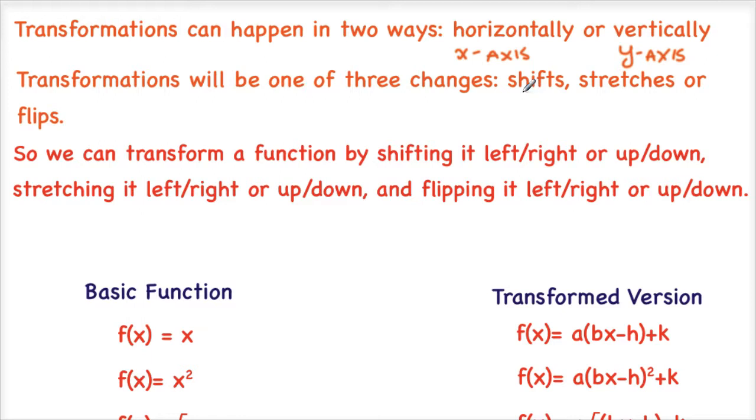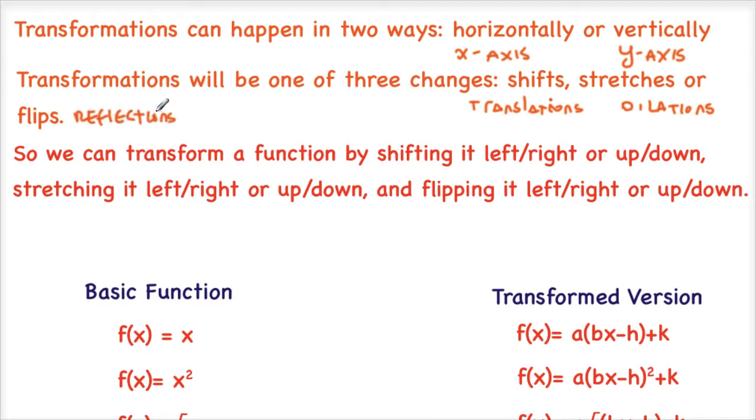There'll be shifts, which you might also hear called translations. That would be the formal term. Stretches, which you might hear called dilations. And flips, which you might also hear called reflections.